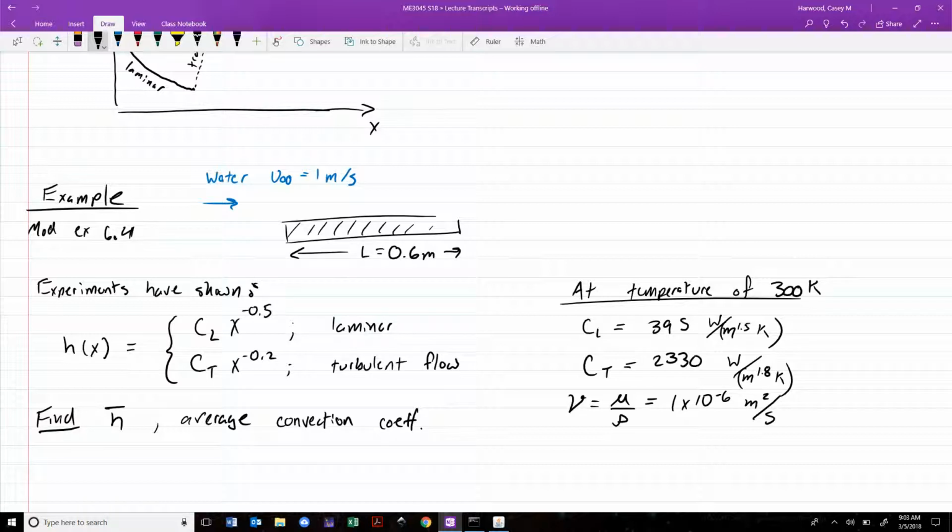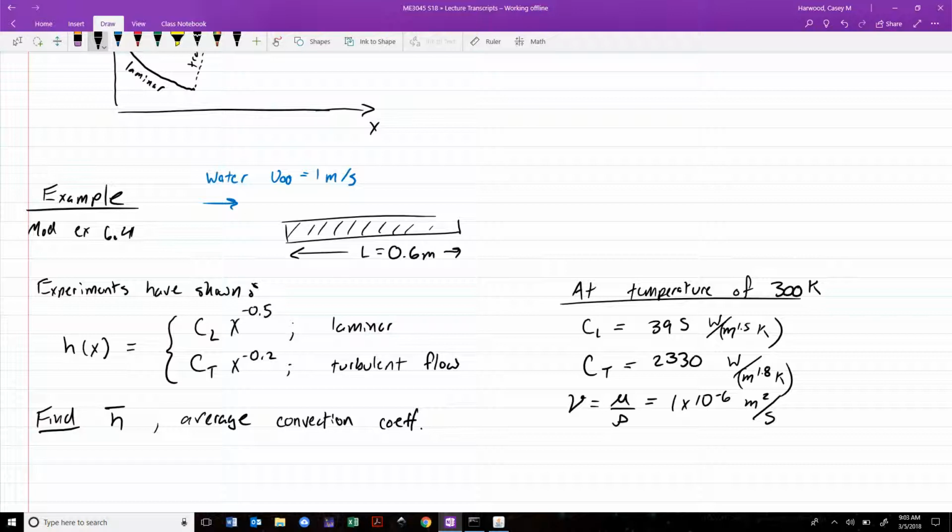So this seems pretty straightforward. We did an example a lot like this on Friday's lecture, where we were given a function for h, and we went ahead and evaluated that integral to figure out what the average was. The difference here is that we've got to jump between two different types of h, and we're going to have to figure out where that jump occurs.